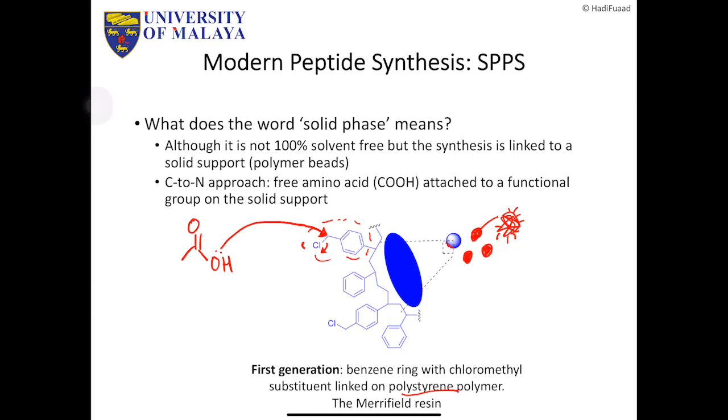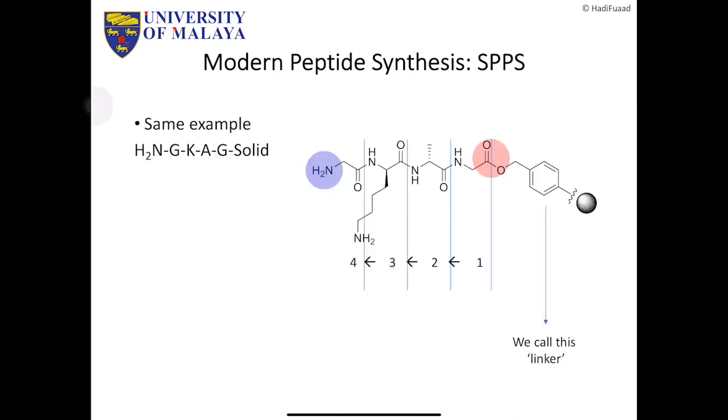Nowadays there are so many different types of resin, with so much variability between them, but we're not going to talk about it. If you're interested, then come to my lab. For example, again, we'll use the tetrapeptide glycine, lysine, alanine, and glycine synthesized on the solid support.